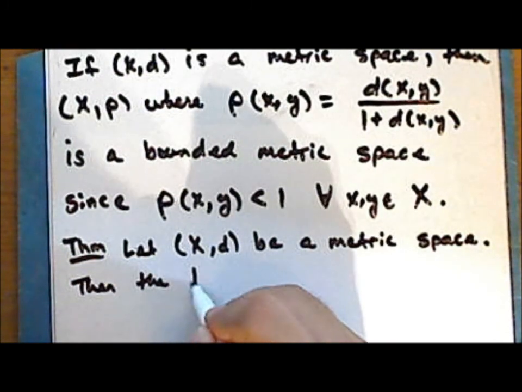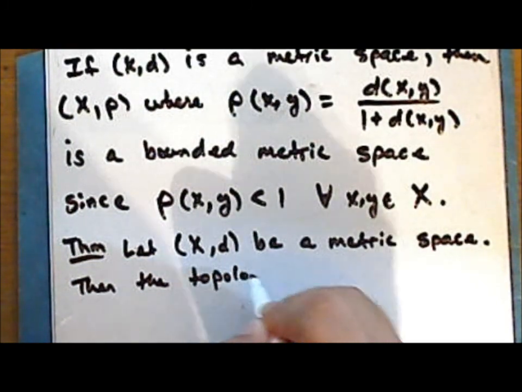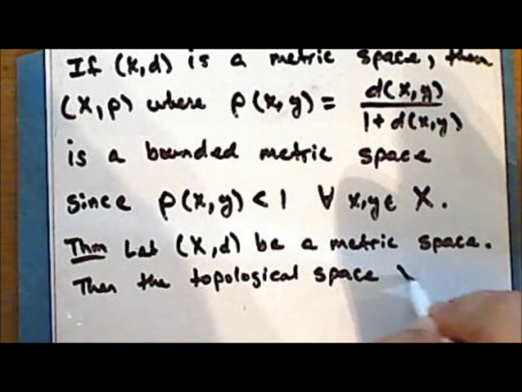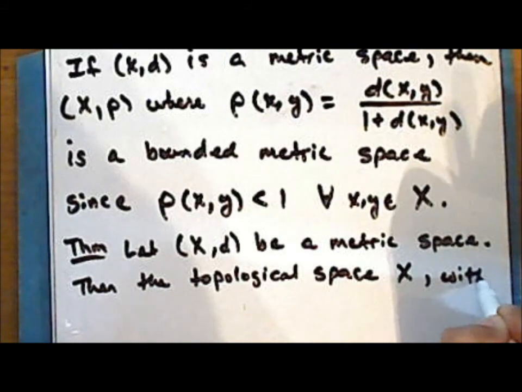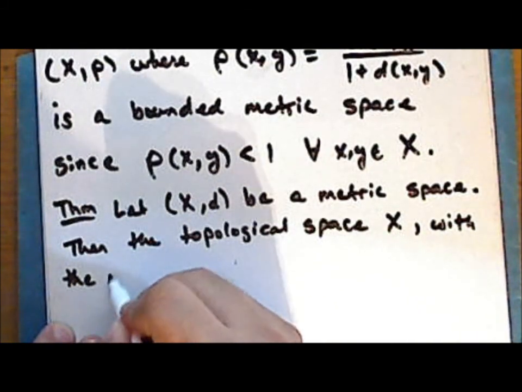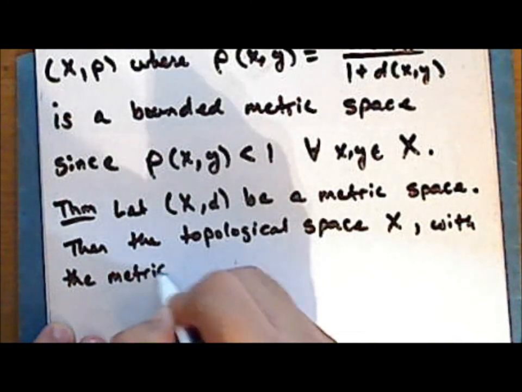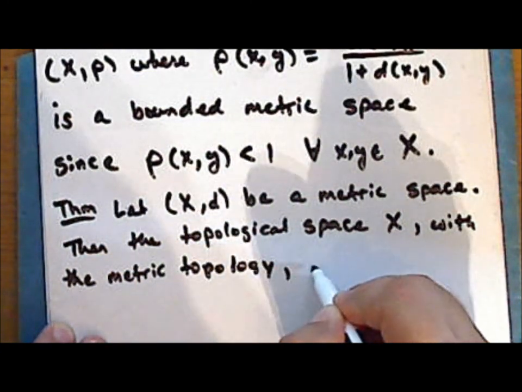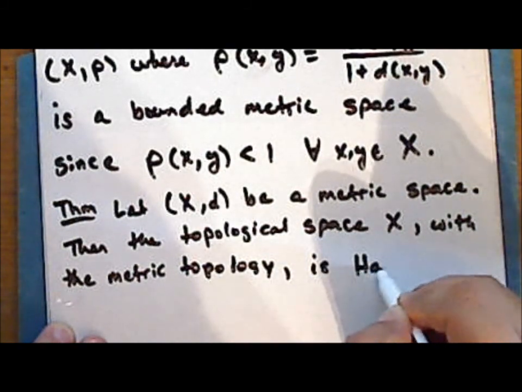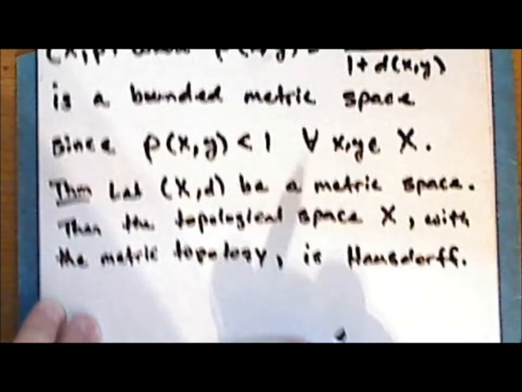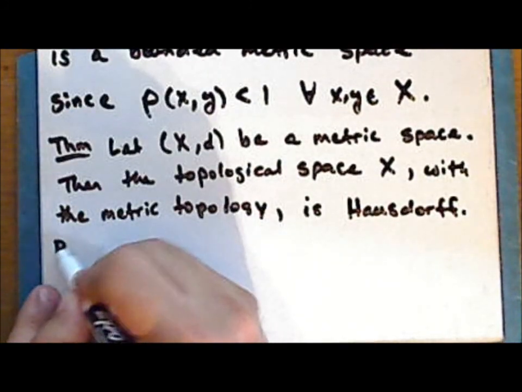Then the topological space with the metric topology is Hausdorff.